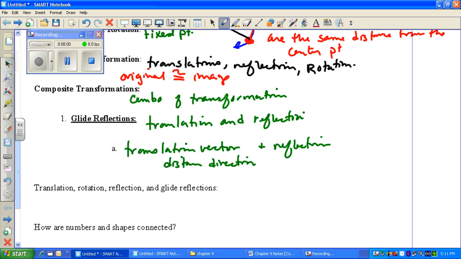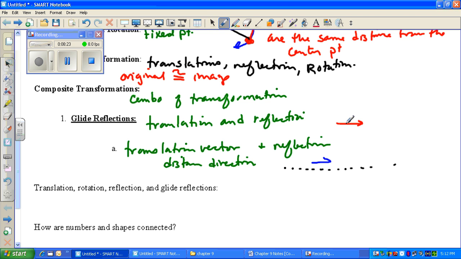You also see this with footprints. So I might have my translation vector, and maybe I have my first footprint. Notice it's not quite an arrow. I'm going to translate it this distance in this direction, and I'm going to put in this line of reflection.